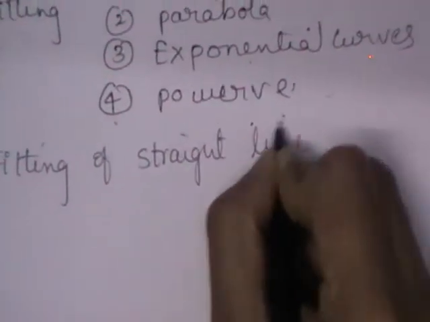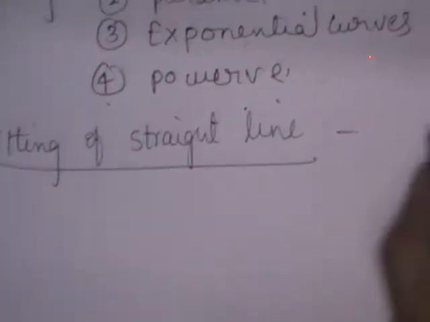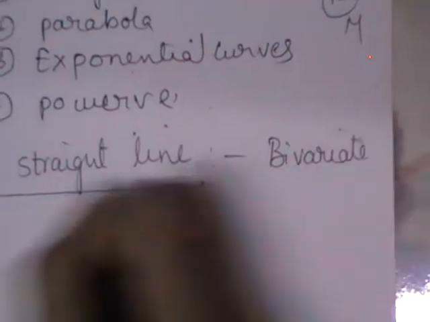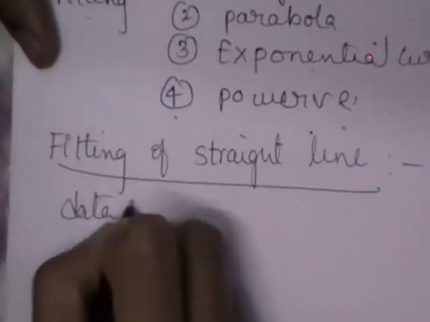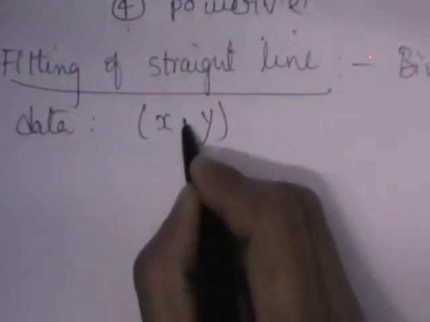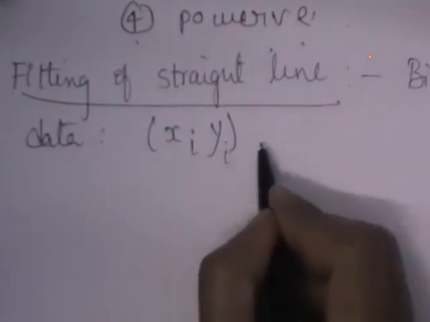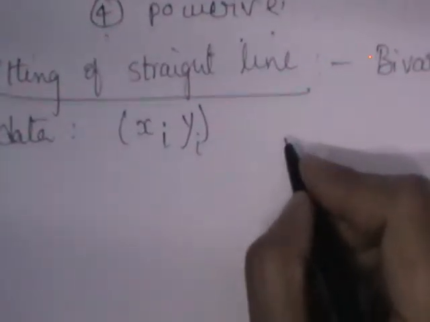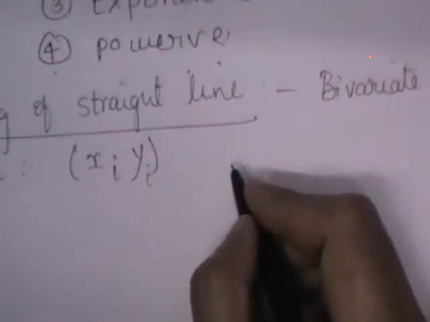Just now, as I said, throughout these topics we are going to consider bivariate data. What do you mean by bivariate data? It involves two variables. Let us suppose that the two variables under study be x comma y. In general we designate the variables with x comma y.